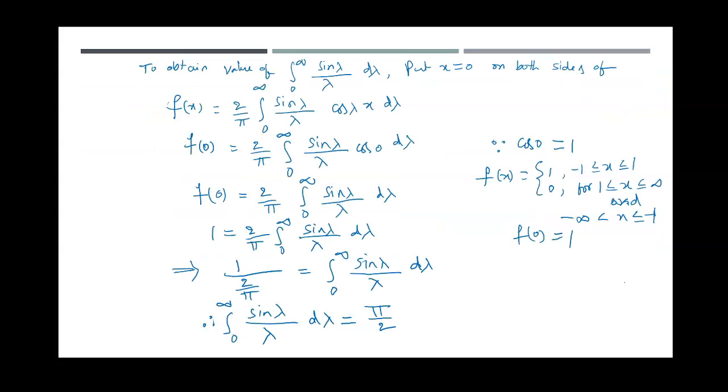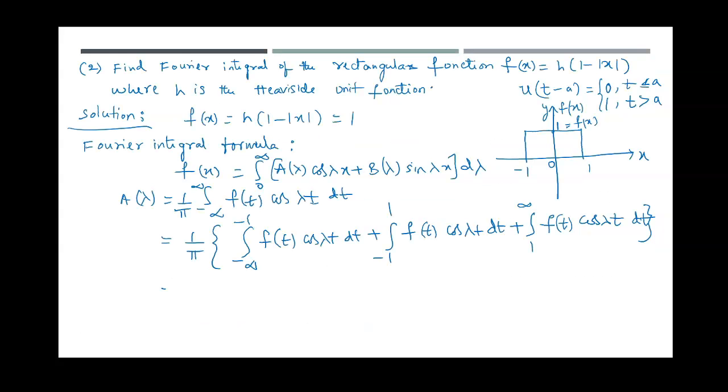In the remaining integrals, it is 0. So here we get 1 by pi integral minus 1 to 1. Here this is 0, here 1, and here 0 according to the definition. Here f(x) is given; if you replace x by t, we get f of t. So minus 1 to 1 cos lambda t dt.